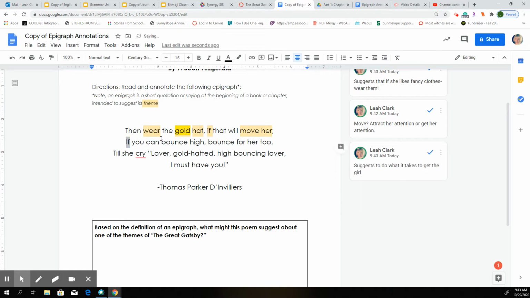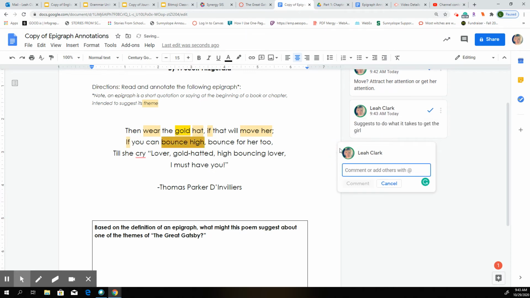And what is he suggesting that we do? Bounce high. And what we mean right there, if we think about 1920s America, sort of the idea that we should dance for her. Right? If that's what's going to attract this girl, then you gotta not only dance, but you gotta dance really, really high.